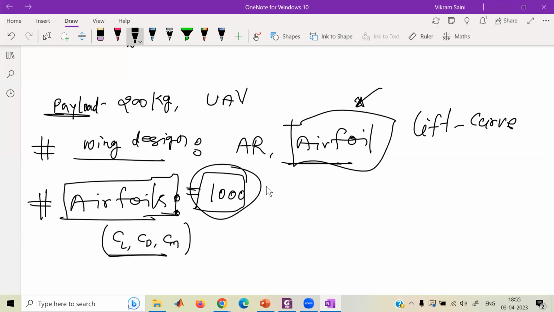In flight mechanics, you study the movement of the flight of this vehicle that you just received from the design team. Now there are two different teams. One is the aerodynamics team and the other is the structural team. So there are three quantities, CL, CD, CM, that the aerodynamics group will give us after doing CFD or other analysis on the aircraft. Now, what will the structural group give us?